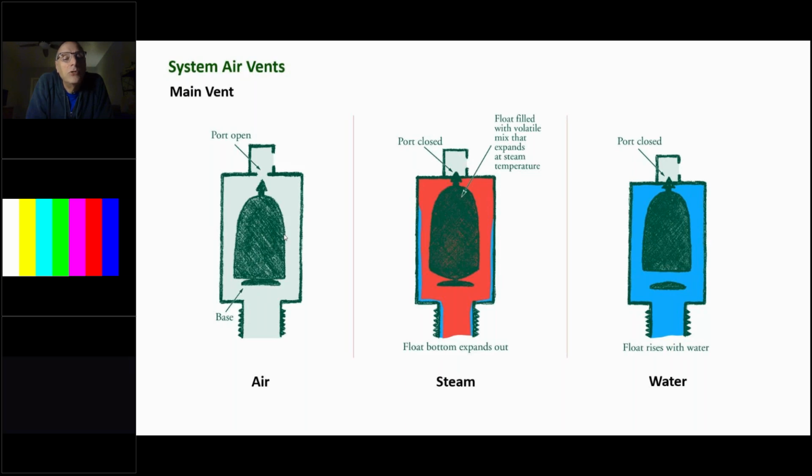They make a number 2 air vent, which is a round air vent, and the number 2 air vent will pass the equivalent of four number 75 air vents. So on larger homes with long runs of piping, you want to evacuate that air as quickly as possible. Sometimes you'll see one or two 75s on a tree and they're still having issues.